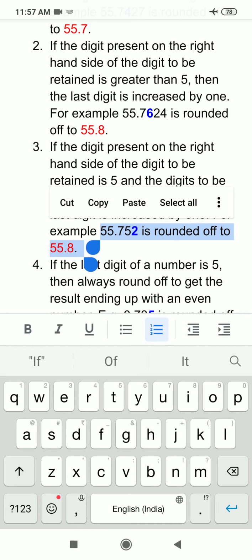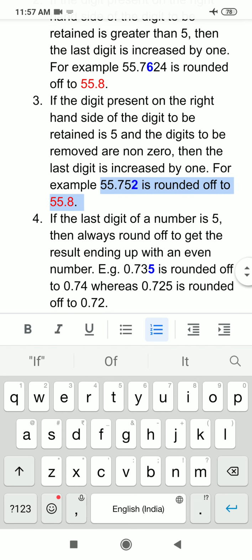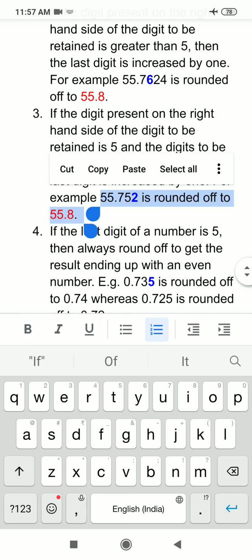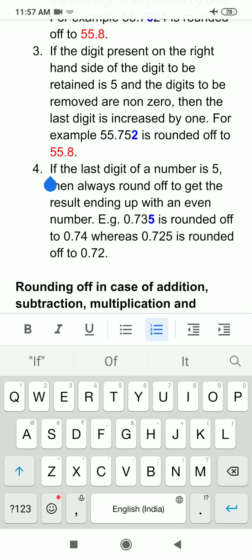Because the digit to the right side of 7 is 5, and 5 is followed by 2, which is non-zero. So I will round it off as 55.8.